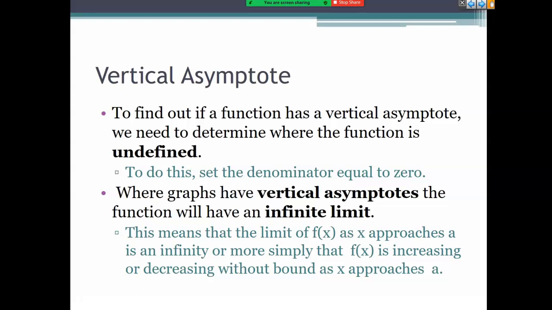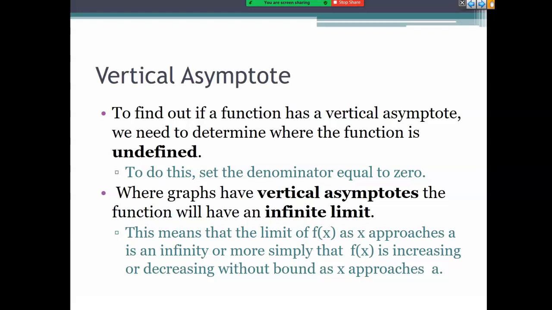To determine if a function has a vertical asymptote, we need to determine where the function is undefined. To do this, if there is a denominator, you set it equal to 0.